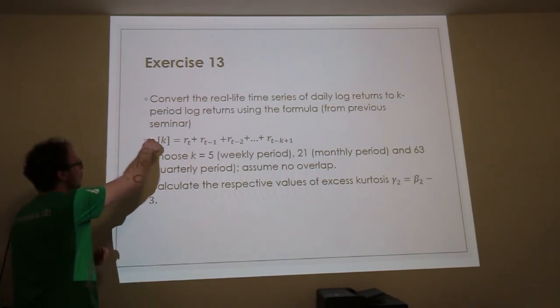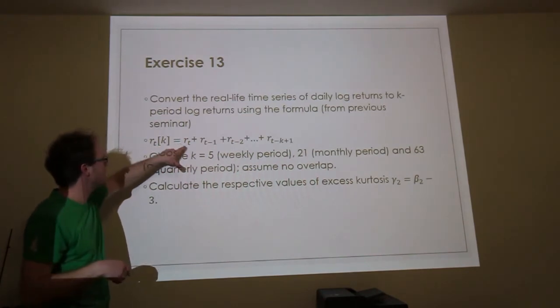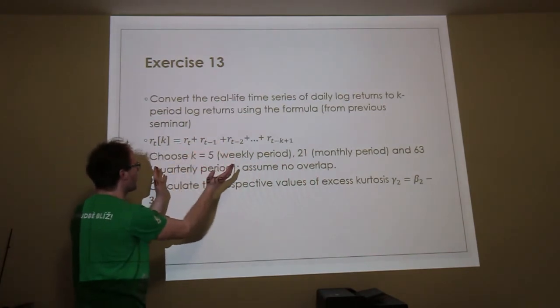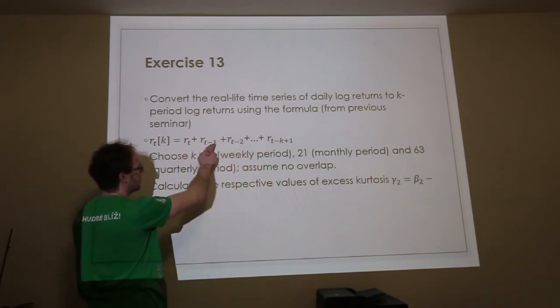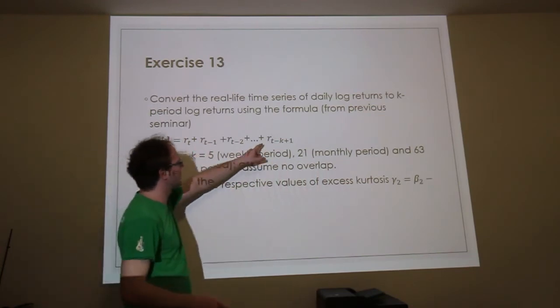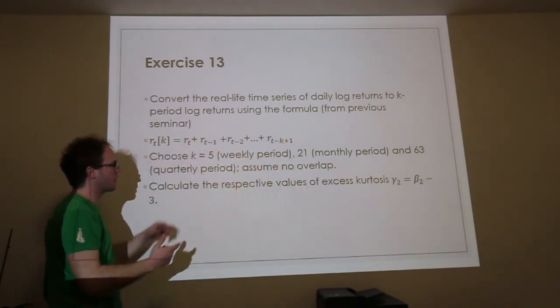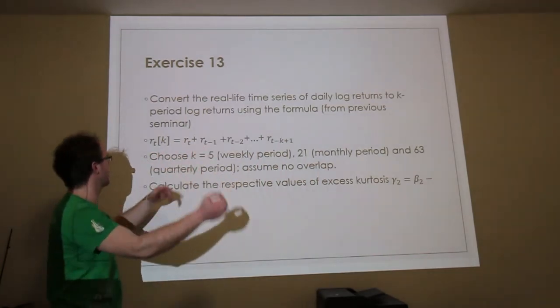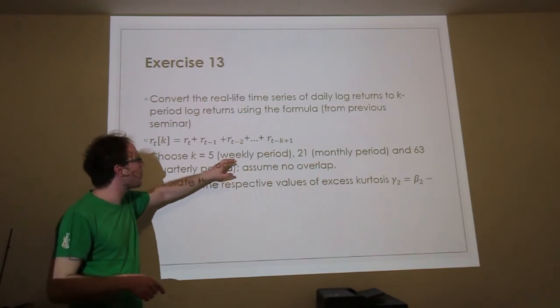The log return at time t for period k is equal to the summation of the log return at time t, t minus 1, t minus 2, t minus 3, until t minus k plus 1. Choose k equal to 5, weekly period.